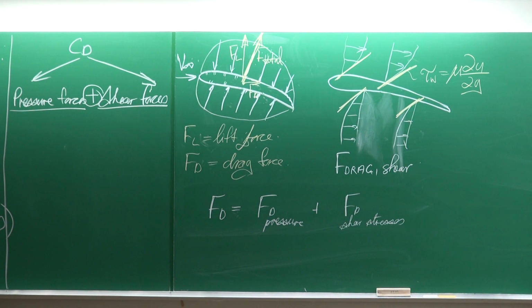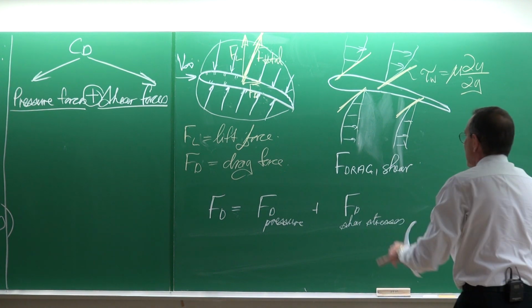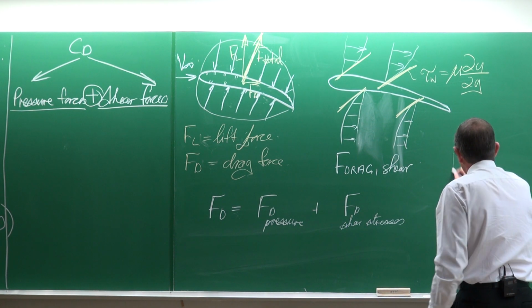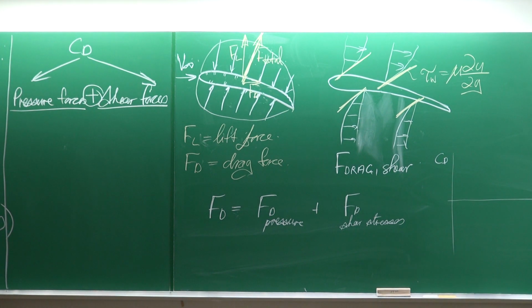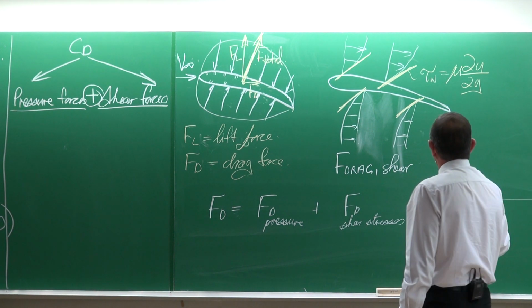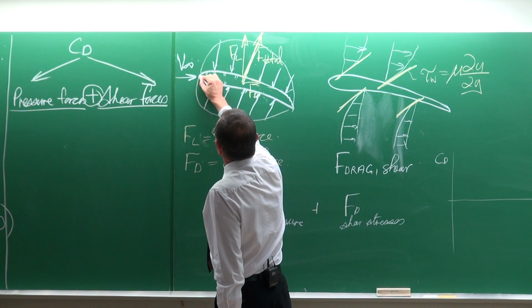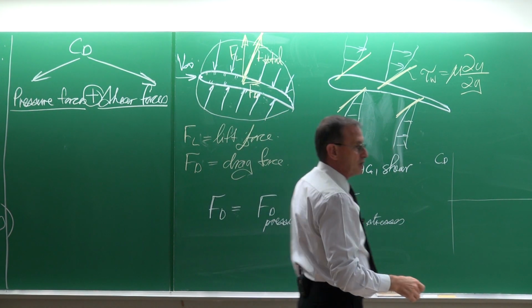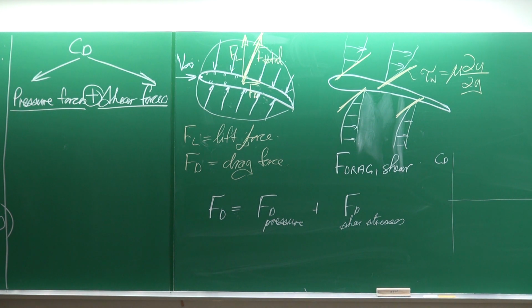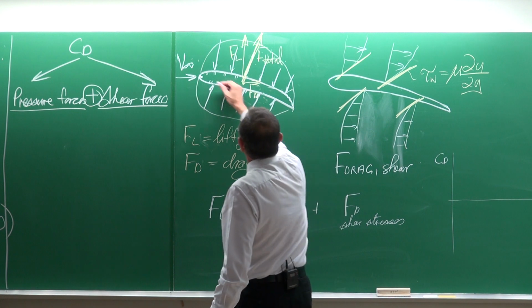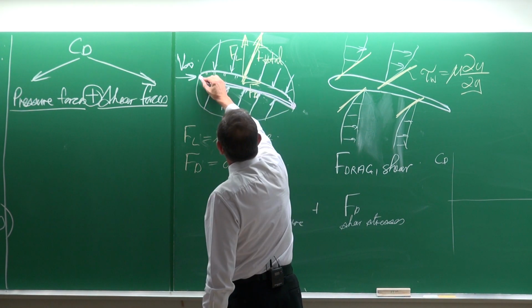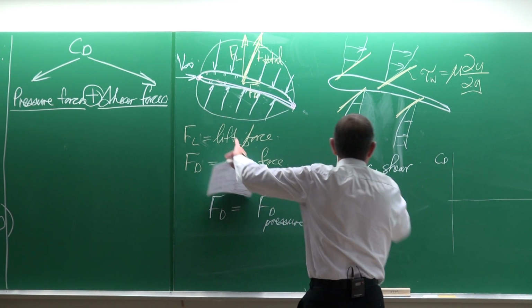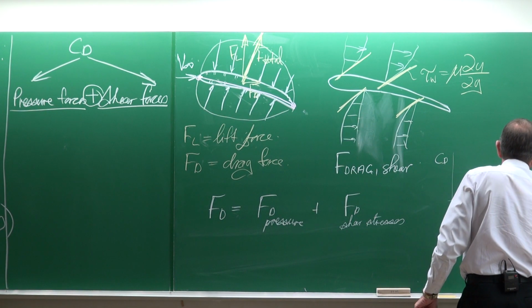Now, if we do the experiments and we go and plot the experiments of CD, let me use another color. This is the leading edge of the aeroplane wing, and that is the trailing edge, and that is the distance like that.